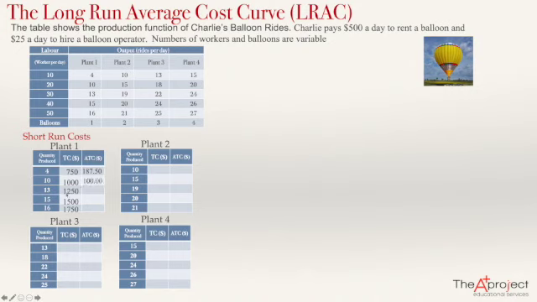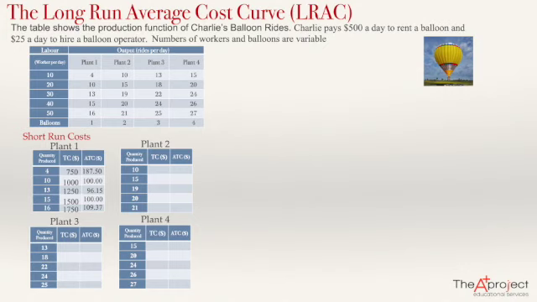And here will be 1,250 divided by 13, that is 96.15. 1,500 divided by 15, that is 100. And 1,750 divided by 16 is 109.37. And now I have the average total cost schedule for Charlie in a short run when the number of balloons is fixed. And the number of balloons, I leave it fixed as 1.